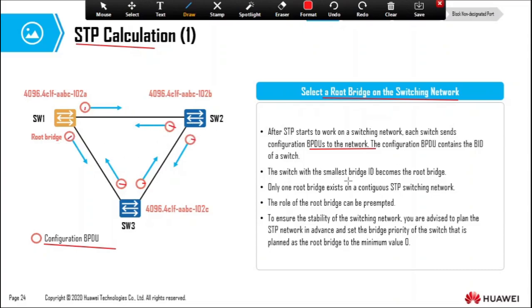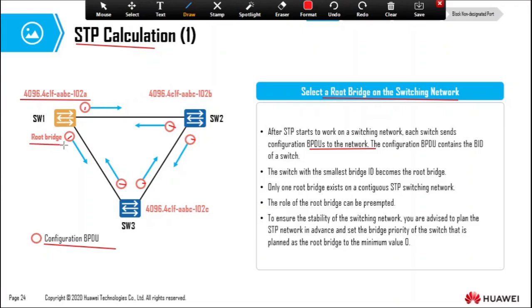But as you declare, when you receive a better BPDU, that is one that has a lower value, for example, in this case, the switch 1, then you stop sending your own on the bridge identifier field. You now start sending for that one. Are we together? So eventually, everyone will exchange that and know that this guy has the best, and therefore this guy is the root. Are we together? Yeah, so that's how it happens.